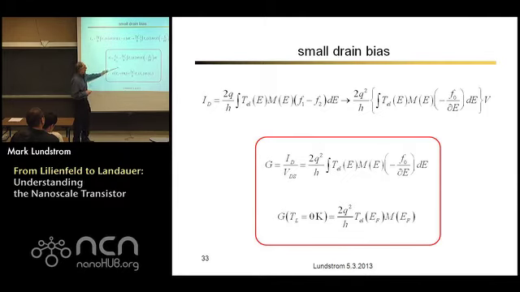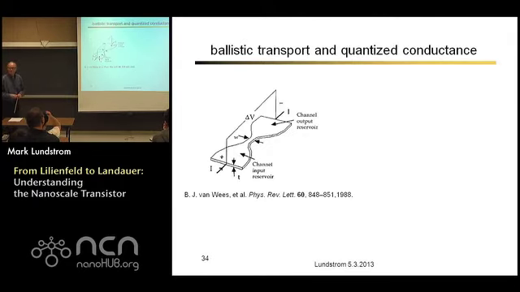So this is a delta function centered at the Fermi energy, and that means when I do that integral, I get this beautiful expression that the conductance of a small conductor is some fundamental constants times the probability that an electron entering at the Fermi energy will make it across, times the number of channels that it can travel in. Okay. So this is a well-established experimental fact now.